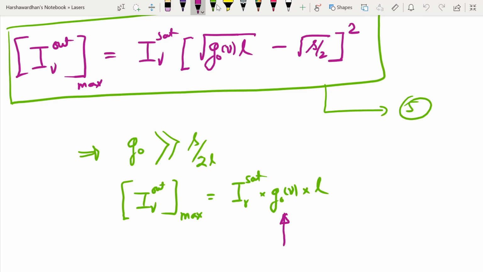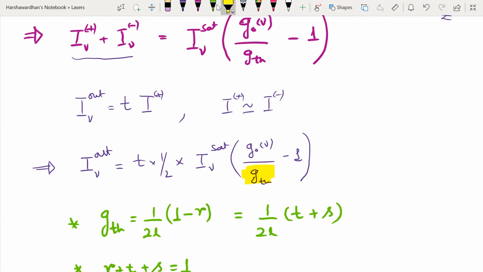The larger the value of G naught of nu, the more you have offset the role of G threshold, because G threshold is the measure of loss. The smaller the G threshold and the greater the G naught of nu, the more you can extract out of such a system. And there is a notion of an optimal transmission of the mirror.